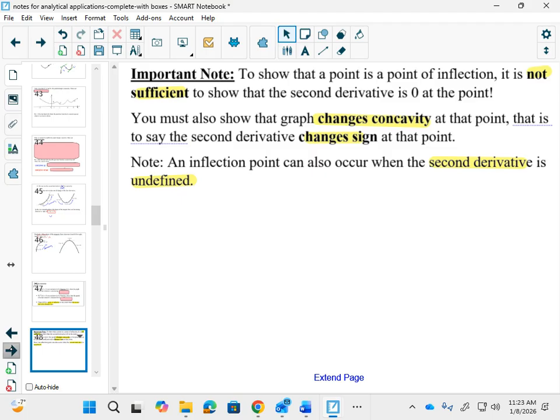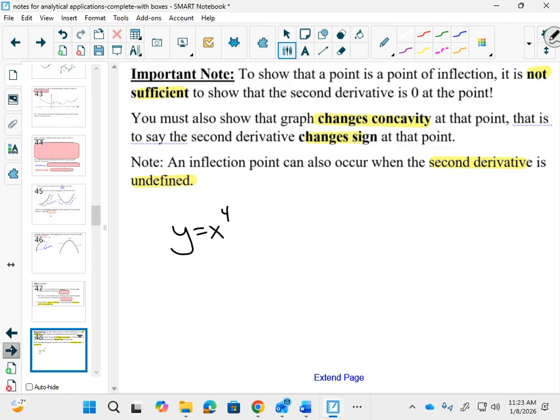If someone says, hey, find a point of inflection, it is not enough to just show the second derivative is equal to 0. You have to show that it also changes concavity. I will give you an example.